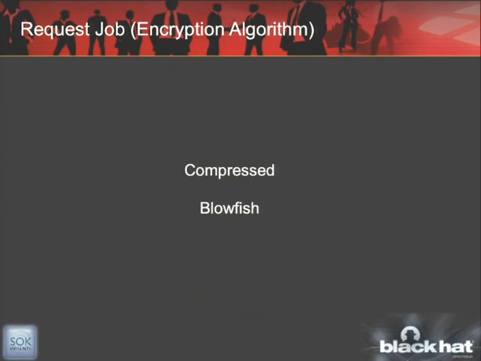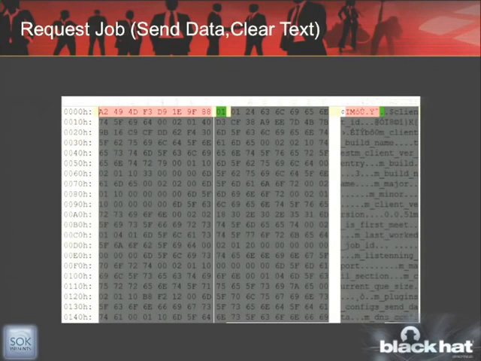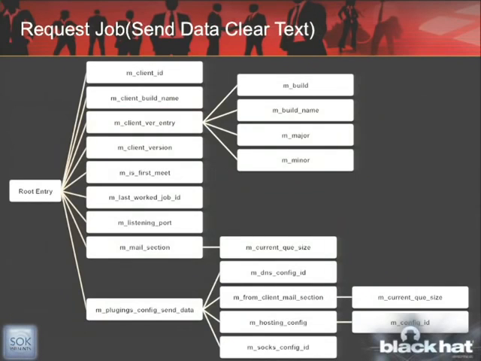The encrypted data also uses the same routine: it's compressed and Blowfish encrypted. After decryption it's still the same storage structure, with the storage signatures and the version numbers. So I'll jump to the data structure here.